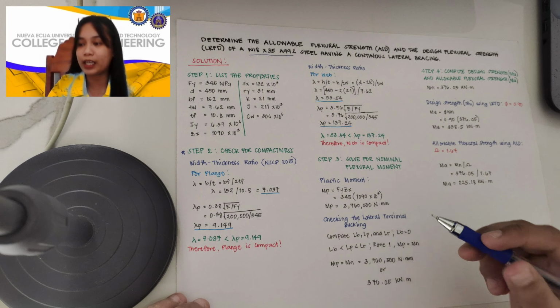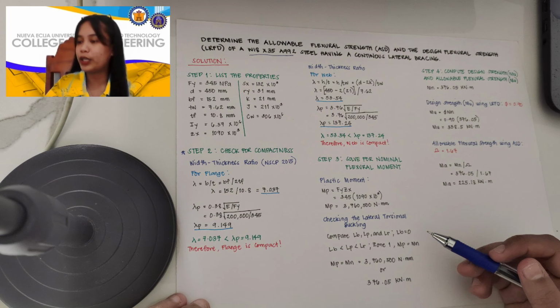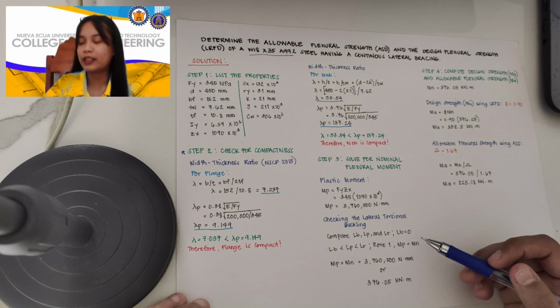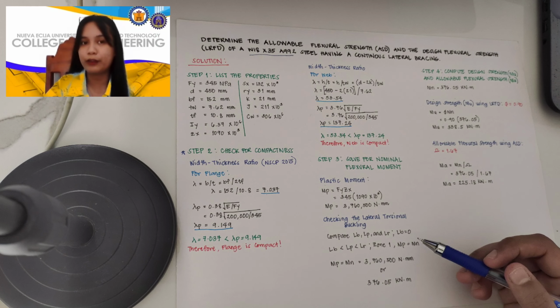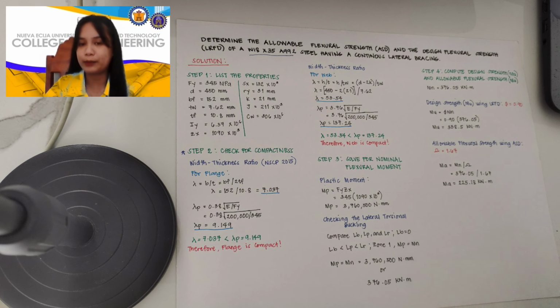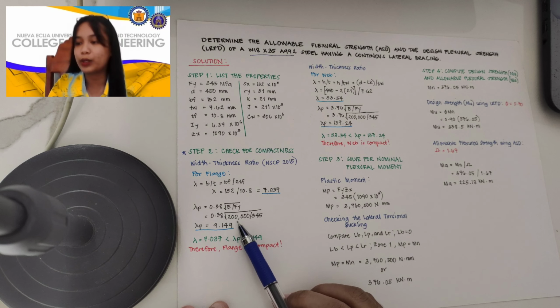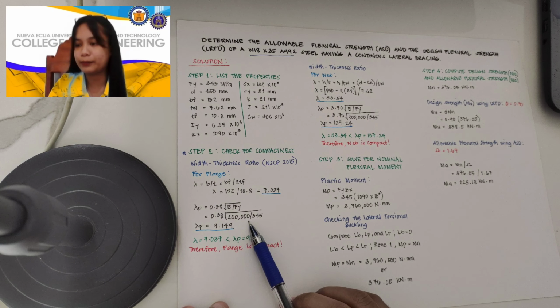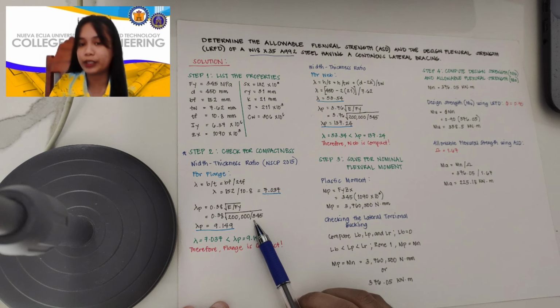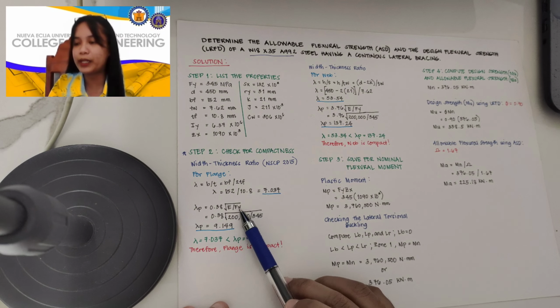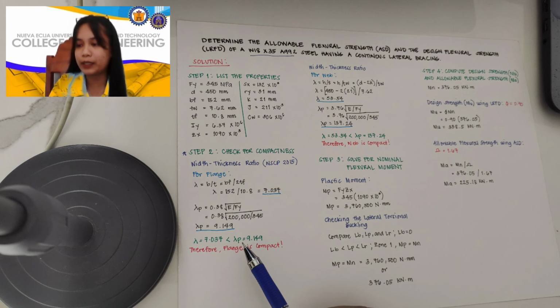Dito natin makikita yung mga value for limiting width thickness ratio, kung saan ba siya nagpo-fall, yung description of elements. So we will have 0.38 square root of E, which is 200,000, all over 345, which is the Fy. So we will have a lambda p equal to 9.149.